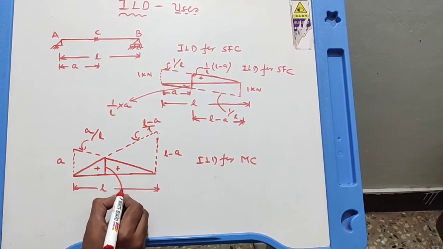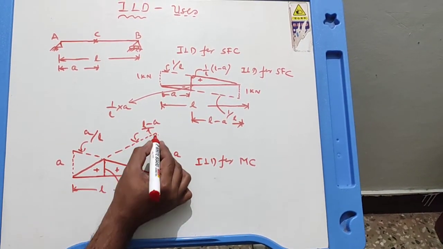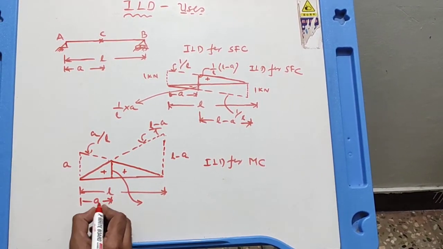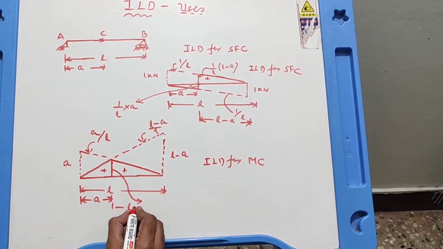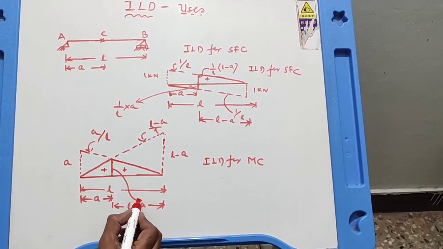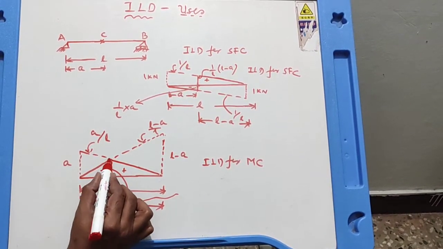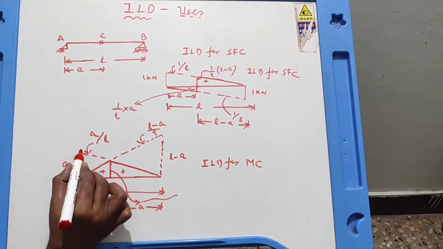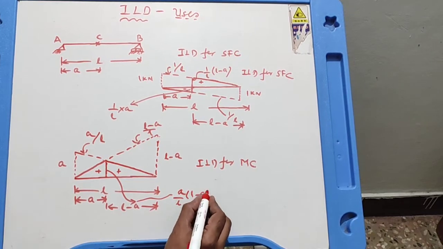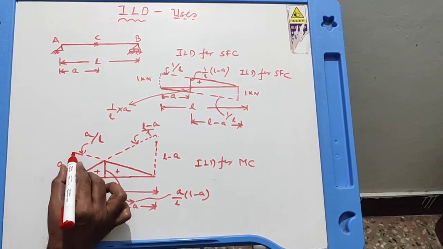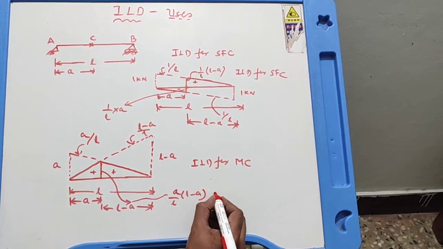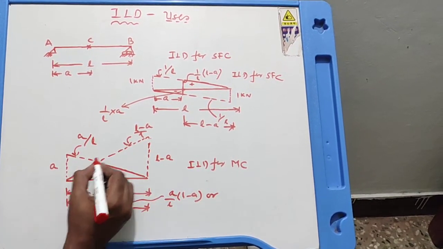So what is the ordinate of this? This ordinate is equal to the slope of this line into distance. This is A. You can see. This is L minus A, you know already, right? So this ordinate is equal to, I will write it here, the slope of this line, that is A upon L into L minus A. A upon L is the slope of this line into L minus A. Or if you take this line, what is the slope of this line?